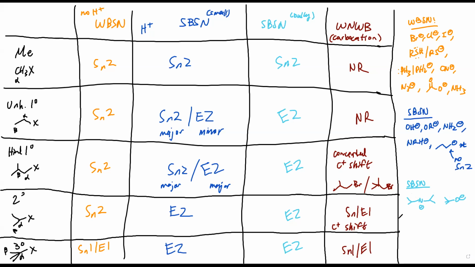And then poor nucleophiles, there's only really three examples of this: alcohols, water, and carboxylic acid. These are what you want to think of as weak nucleophile, weak base. These are the guys that only really do SN1 and all that. Okay, cool.